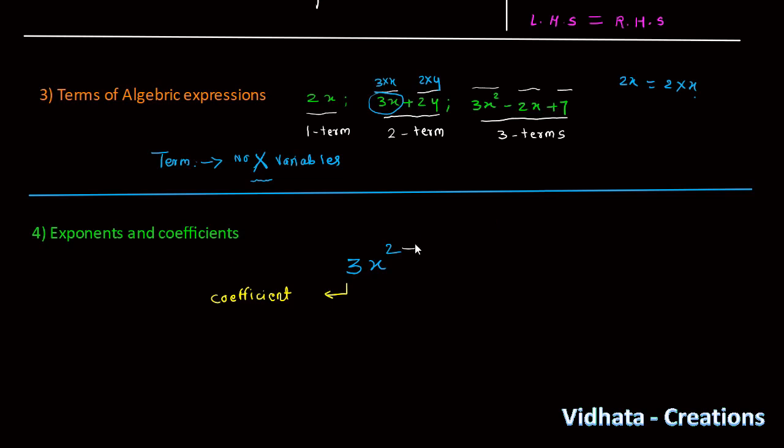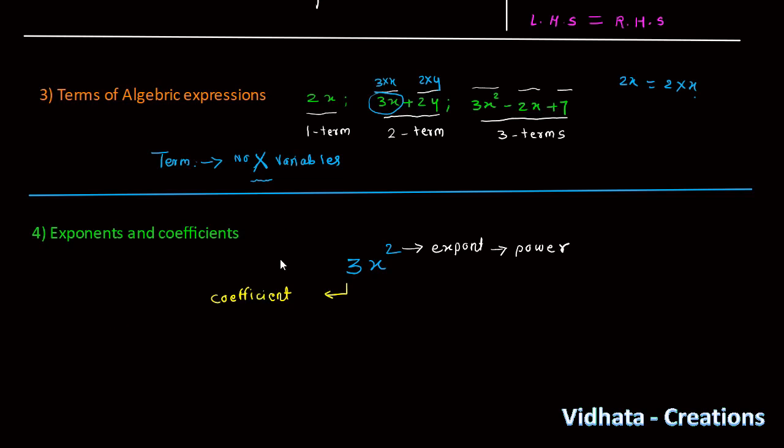Here above, the power of x is 2, and this power only we will call it as exponent. Thus, there is no difference between a power and exponent. These concepts are very important.